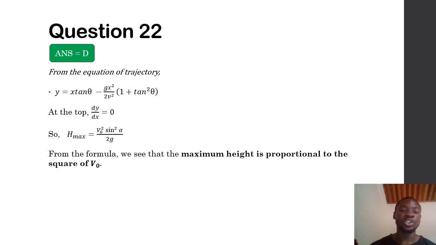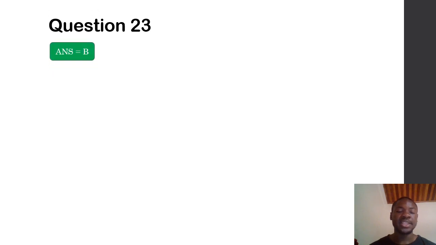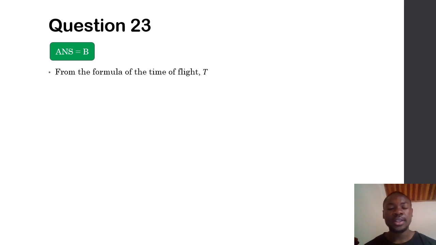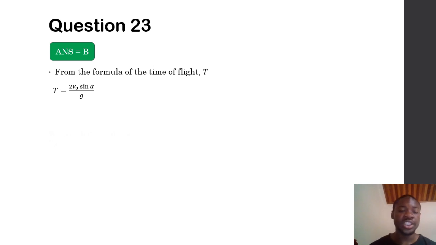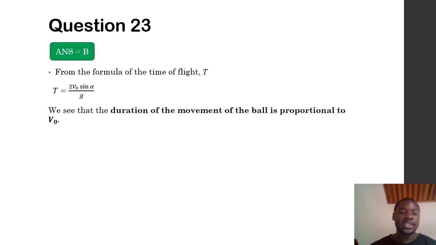So the correct proposition is D. Question 23, the answer is B. From the formula of the time of flight t equal to 2v0 sine alpha divided by g, we see that the duration of the movement of the ball is proportional to v0.